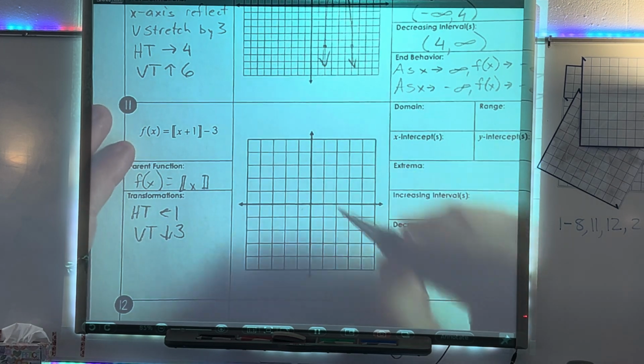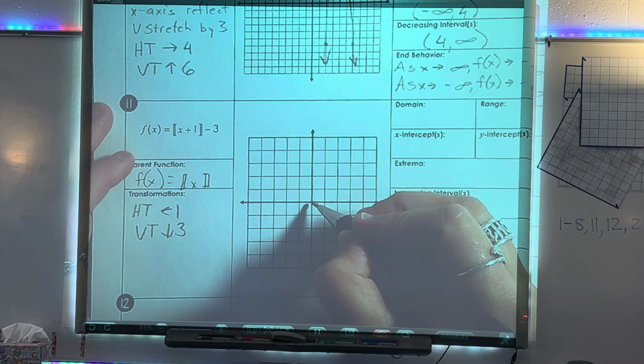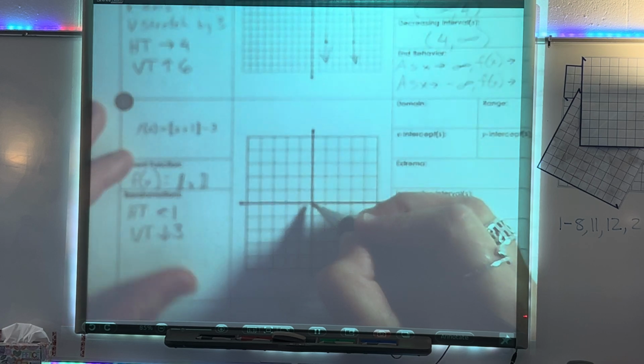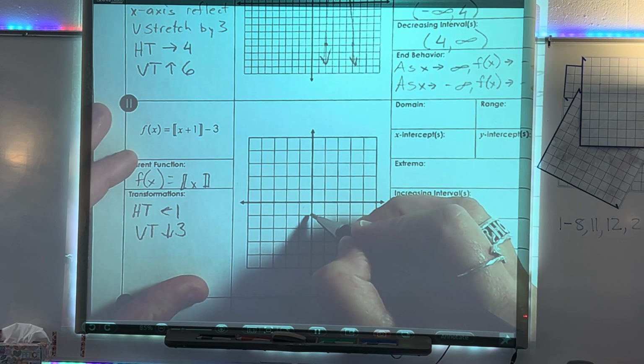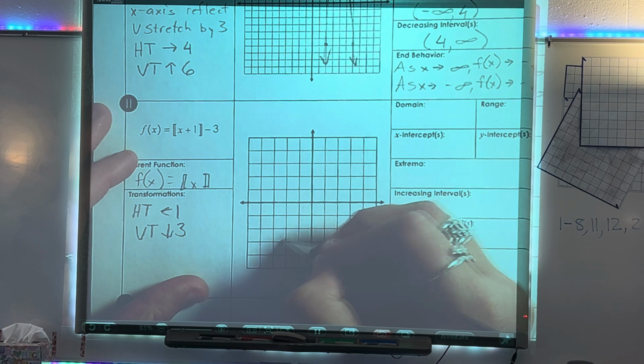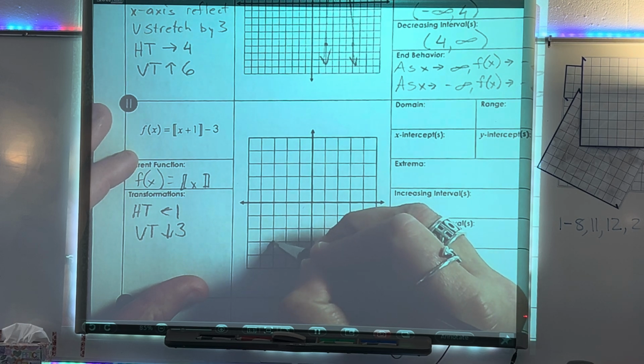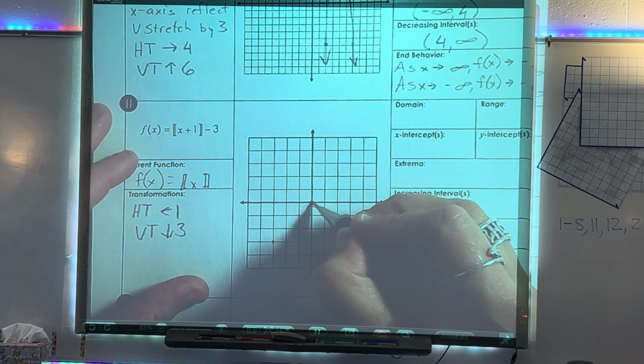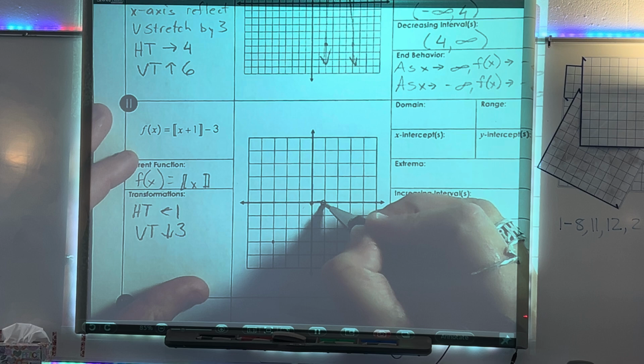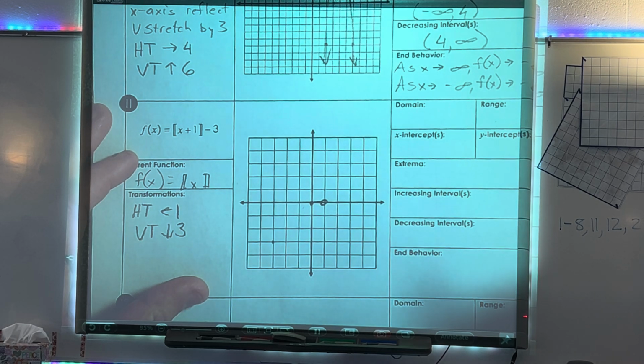Alright, so it's really not gonna make a huge difference for this particular one because there's no shrink or stretch, so it's gonna look the same as the parent would. At 0, 0, there should be a point and it goes over and there's an open circle, right? Not at 0, 0.